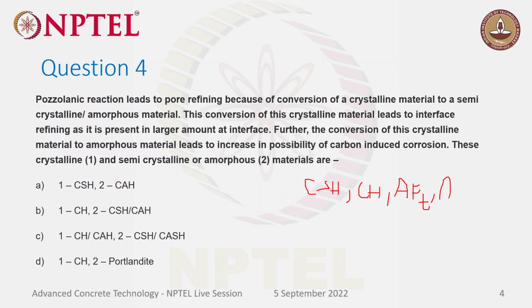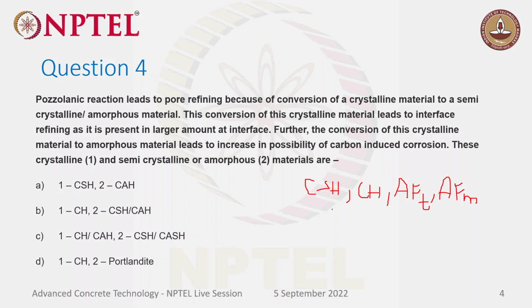Okay, so majorly C3S and C2S, tricalcium silicate and dicalcium silicate, react with water to form CSH and CH, Portlandite, as well.